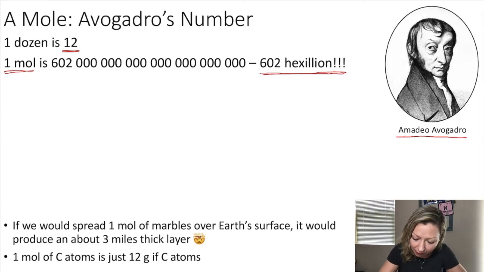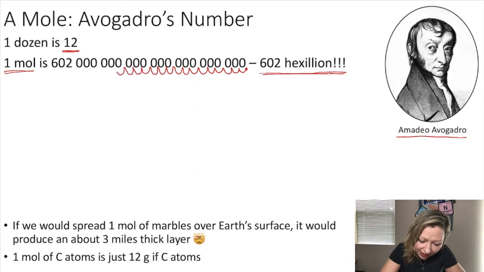Okay, so let's try to do the scientific notation for 602 hexillion. Let's move the decimal place from here up to having just one digit before the decimal place. So 1, 2, 3, 4, 5, 6, 7, 8, 9, 10, 11, 12, 13, 14, 15, 16, 17, 18, 19, 20, 21, 22, 23.